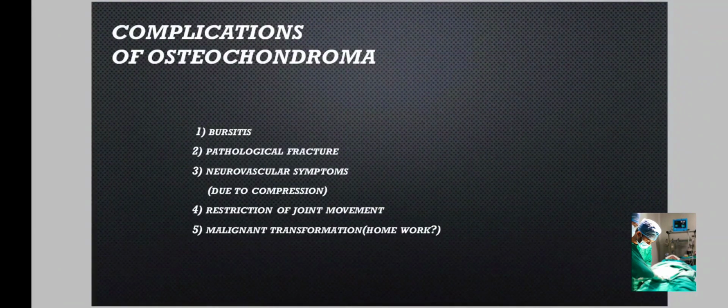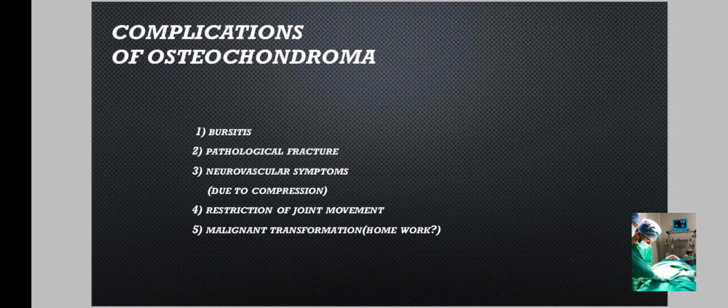Now coming to the complications of osteochondroma. This is a very important question considering your MCQ, along with that your final MBBS exam. When do osteochondroma cause pain? When there are some complications associated with it. What are the complications?